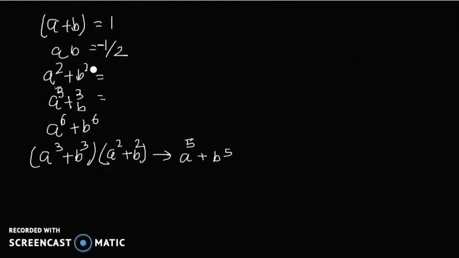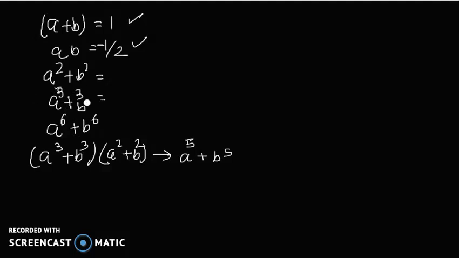So I am just summing up what I did in this question, what were my steps. A plus b was given 1 and ab was given negative half. We found out a square plus b square. Then we found out a cube plus b cube using a plus b equal to 1 and ab equal to negative half.